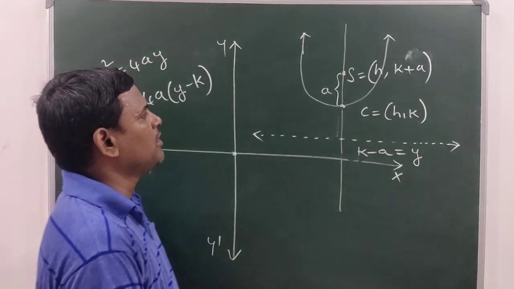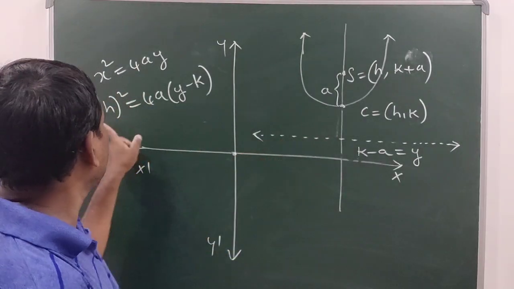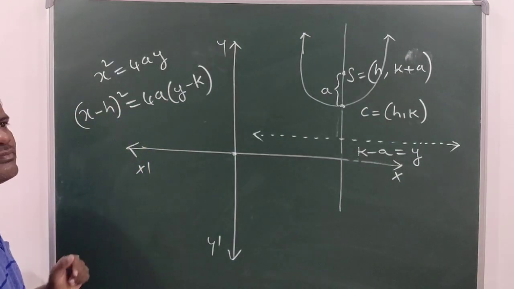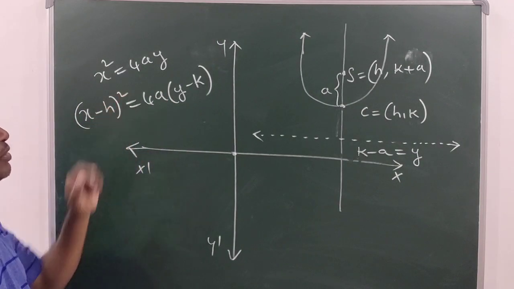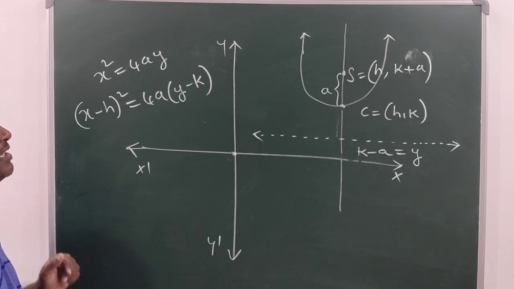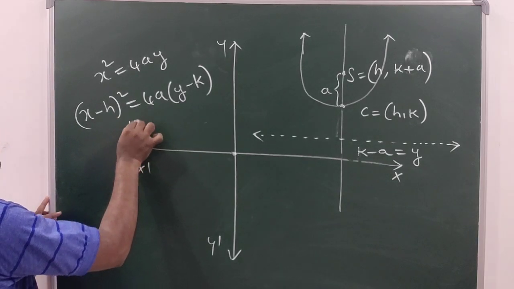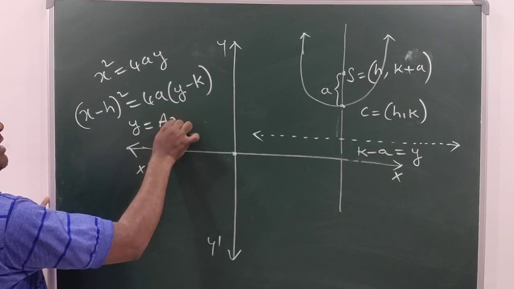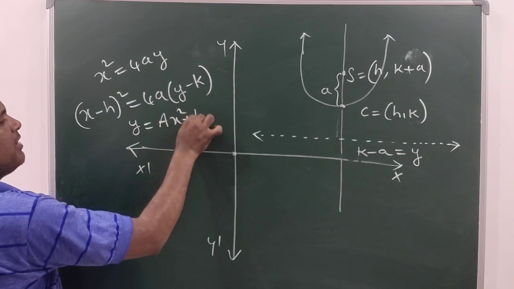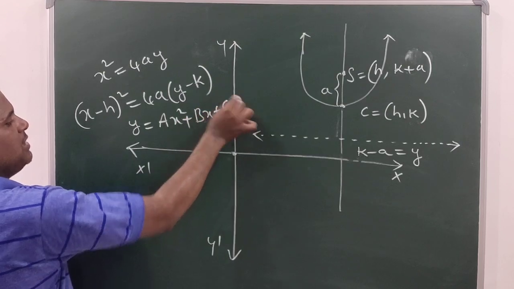Okay, right. Here for this parabola, the equation is x minus h whole square equal to 4a of y minus k. If you simplify this, we will get y is equal to Ax square plus Bx plus c.